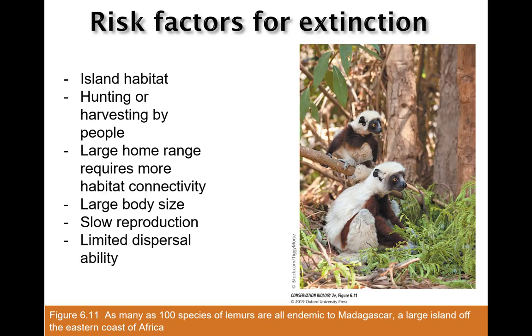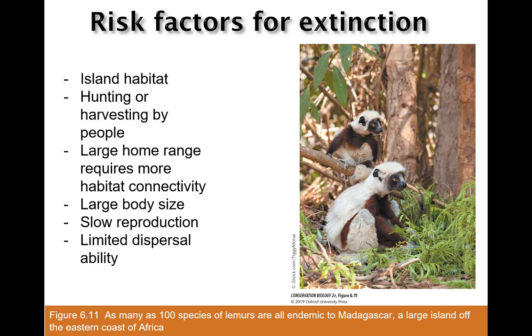Island habitats, of course, increase the risk factors for extinction, because those species don't have potential for immigration from other areas, so they have those small ranges and increased specialization, as well as some of the other issues we talked about, from not having exposure to people and mainland species previously.